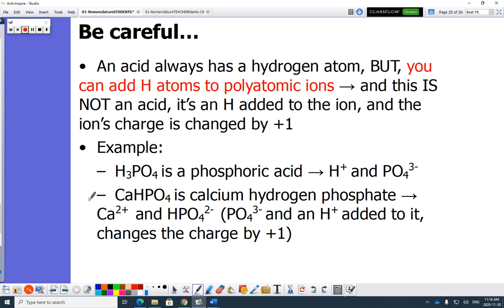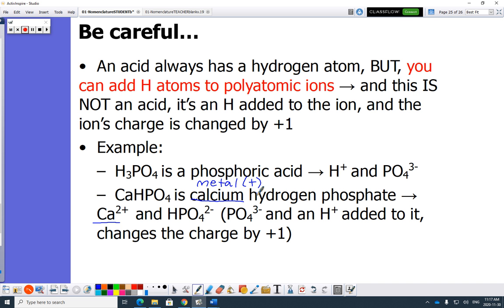When you make hydrogen phosphate, then it still has a charge. So you would never have hydrogen phosphate by itself and still have a charge like this, okay? So there has to be a metal or something with it, okay? So it's always going to be something out front. Metal, that's positive.